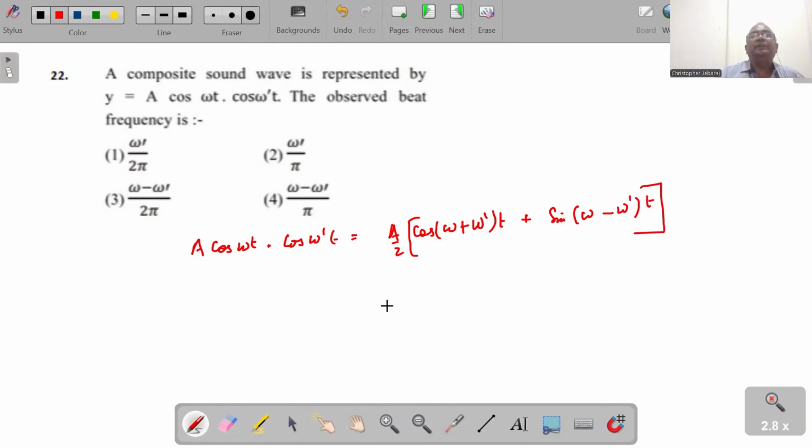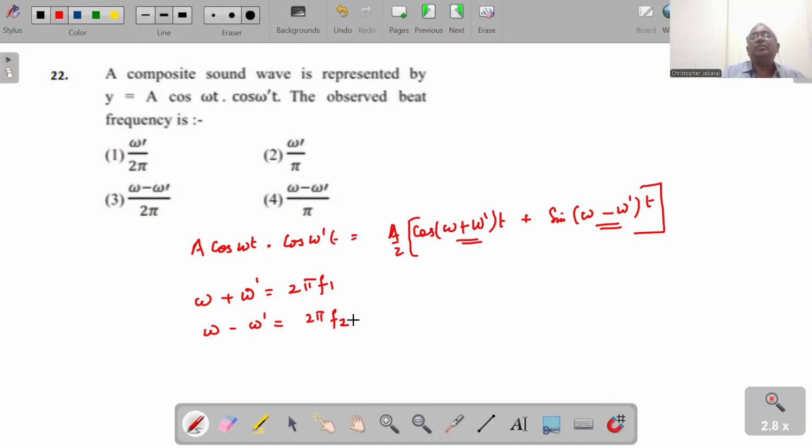That's all. So it is clear there are two frequencies. Omega plus omega dash equals 2 pi f1, the first frequency. Omega minus omega dash is another frequency, 2 pi f2.